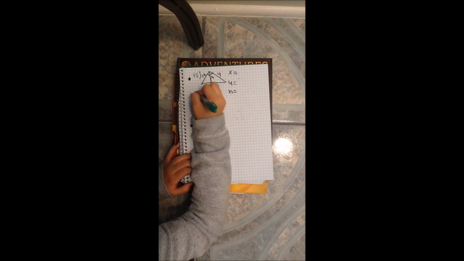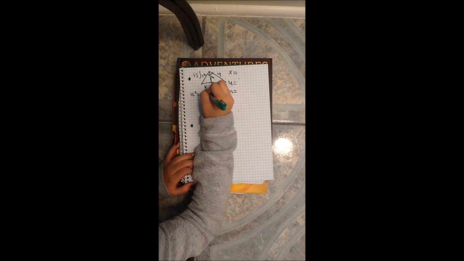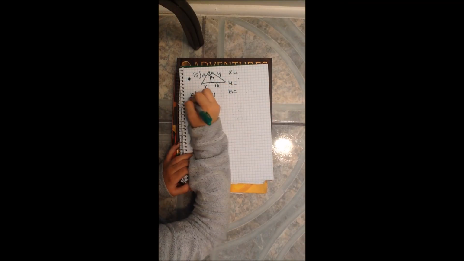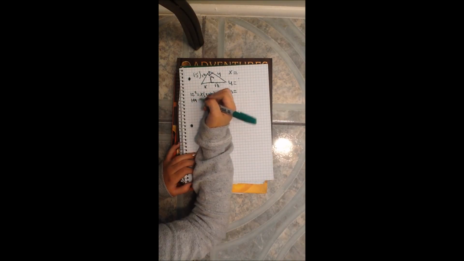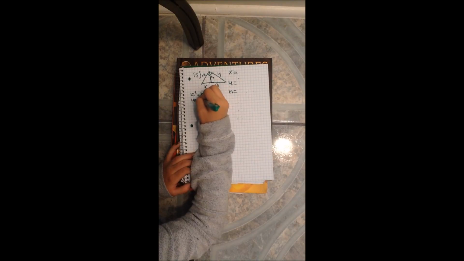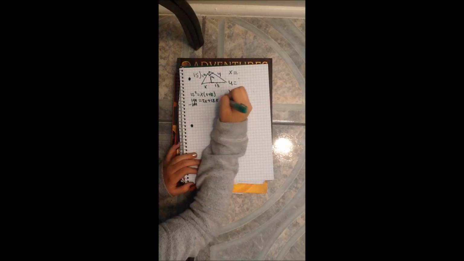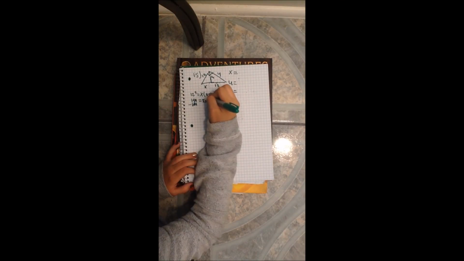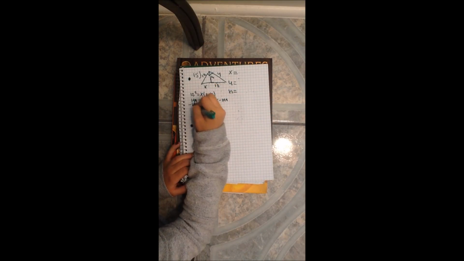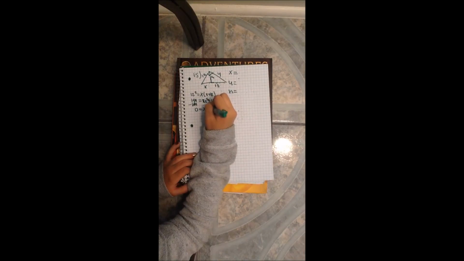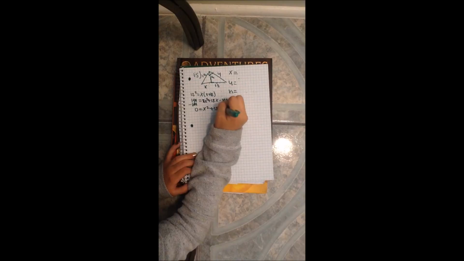So 12 squared equals x times x plus 18. So 144, which is 12 squared, equals, you multiply x times x to get x squared, and then 18 times x, 18x, and then you subtract 144, so 0 equals x squared plus 18x minus 144.